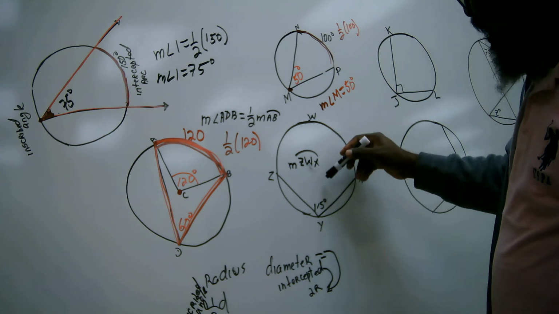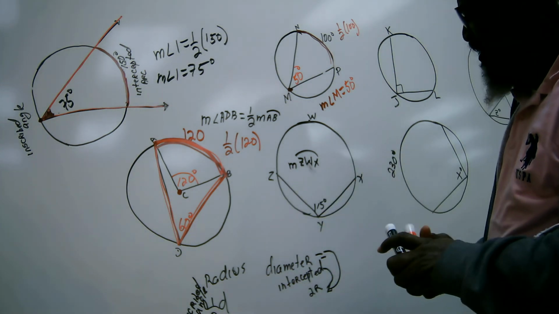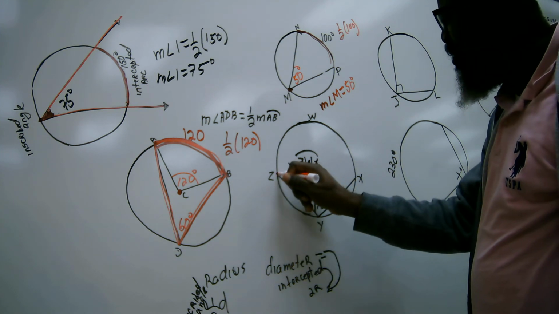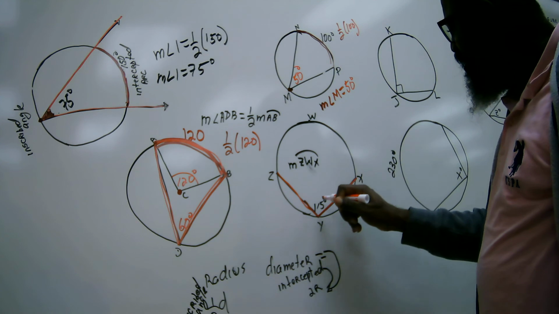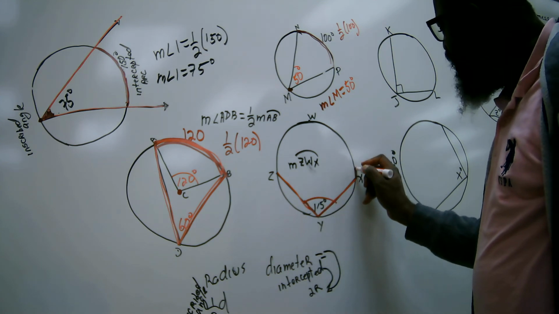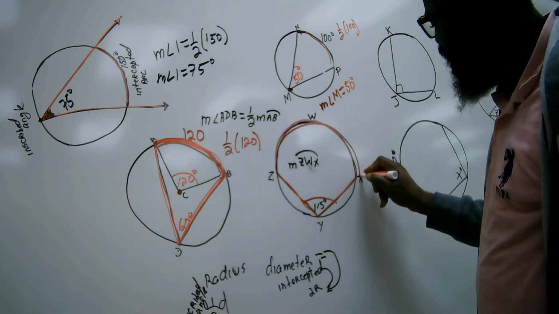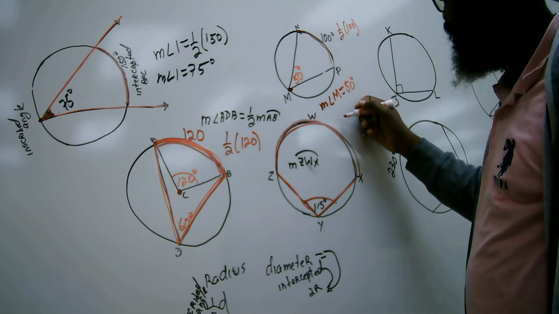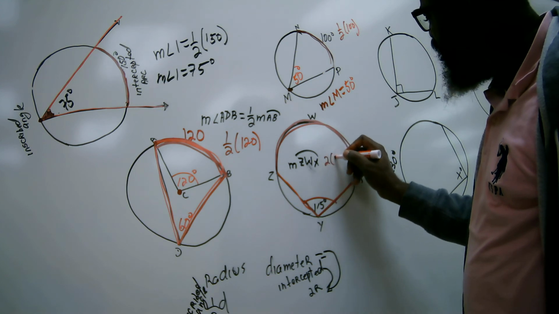Same thing here. I have this inscribed angle, which is 115. Now I need to find the intercepted arc. In other words, if I know my inscribed angle, I have to multiply by 2. Therefore, this will be 2 times 115.